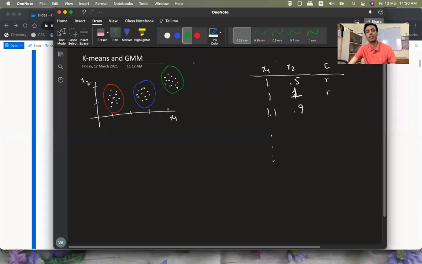So how do you get these clusters from the data? To do it, what will you do intuitively? Can you think of some intuitive algorithm that you can define these clusters or get these clusters?